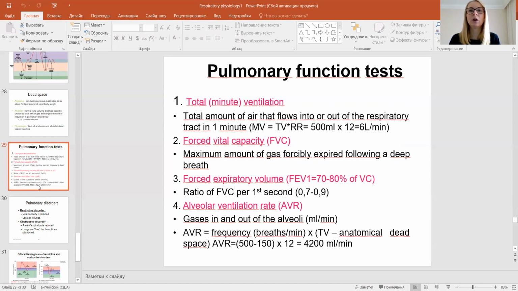So the normal amount of alveolar ventilation is approximately 4,200 milliliters per minute.